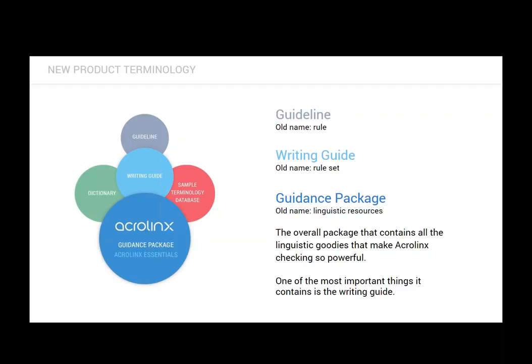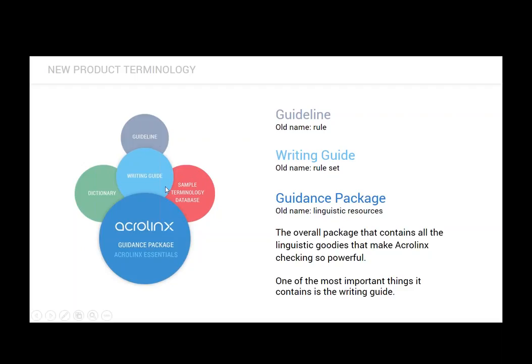So we renamed it a guideline, which also better represents that it's not something you definitely have to do, but more something of a choice where you can decide, okay, that's a guideline, I could do it, but I can decide not to do it. You'll see how this really plays into how the product works later on with the voice guidance specifically.